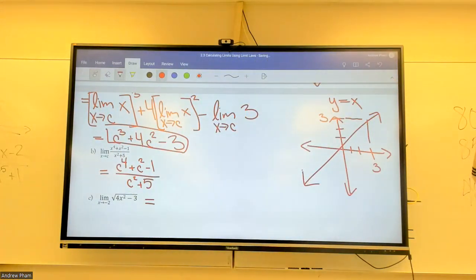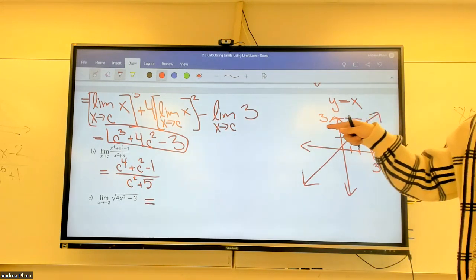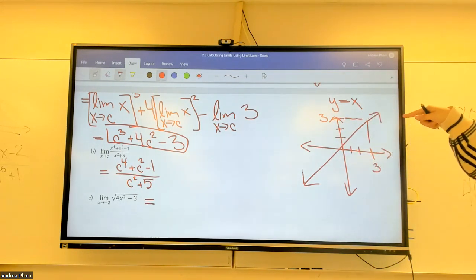Minus 3. Am I plugging in c? Well, c is named -2 this time. Yes, this time we're going to -2 instead of c.